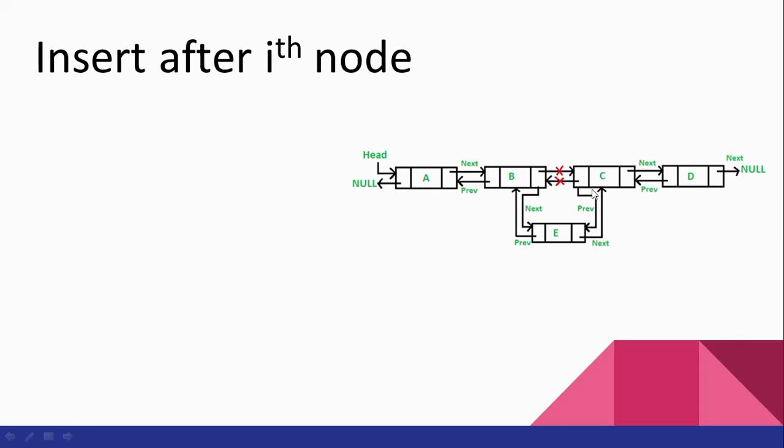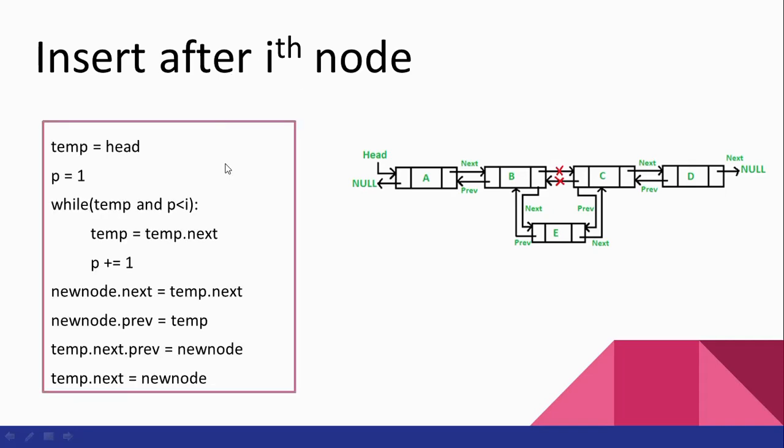We need to identify the previous node of the position where the new node is to be inserted. That previous node should be connected with the new node, and the links connected with the current or ith node should be disconnected and taken care of by the new node we are inserting.